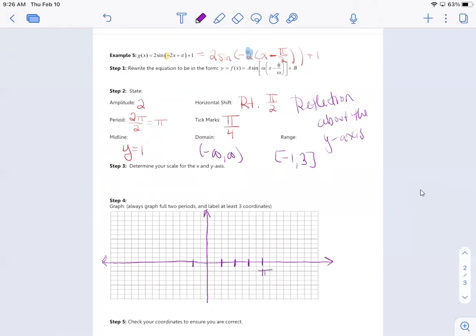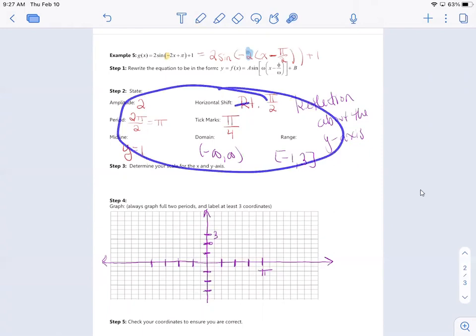I'm going to go in the other direction. And then I got to go up to 3. And down to negative 1, but I'll give myself more tick marks. So once again, that whole scale business is coming from this information right here.